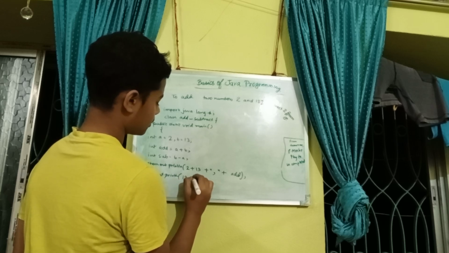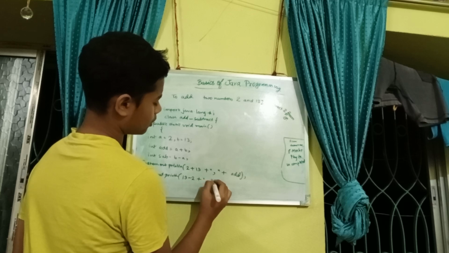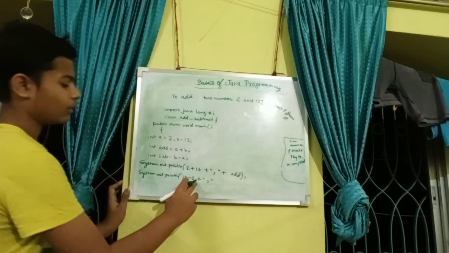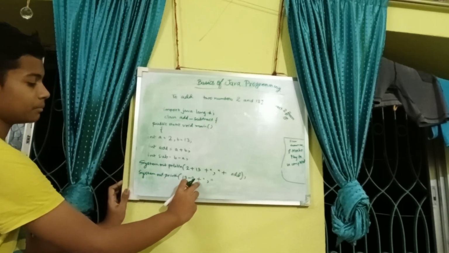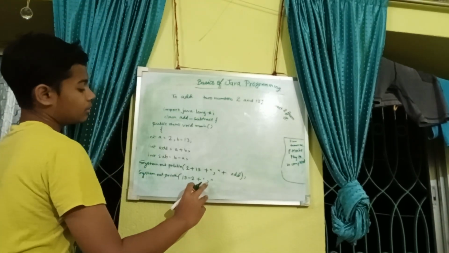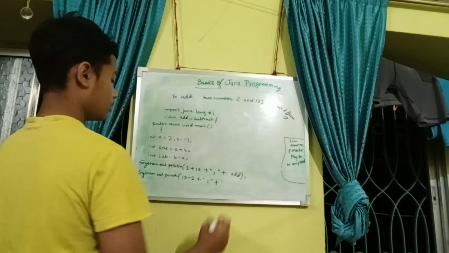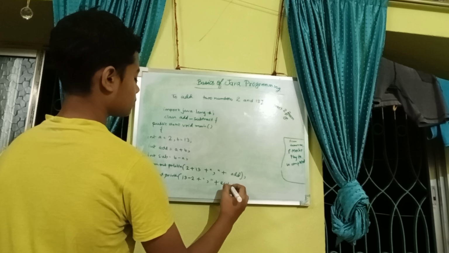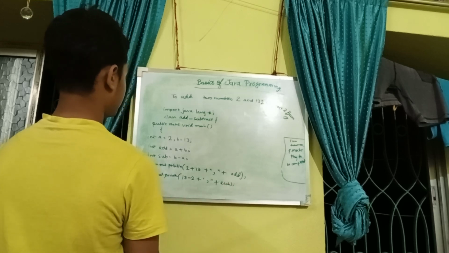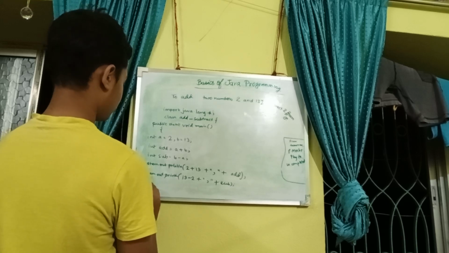13 minus 2. Further, I will just put a comma here. One space will be there, then plus will be given. After that, double quotes open, comma, double quotes close, again plus, then I will write sub. I think you can analyze what the output will be.